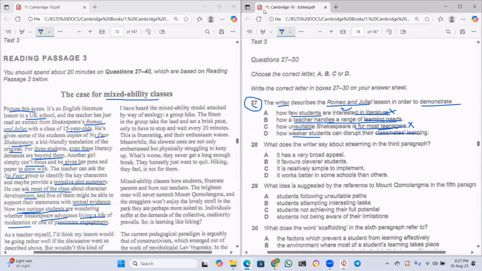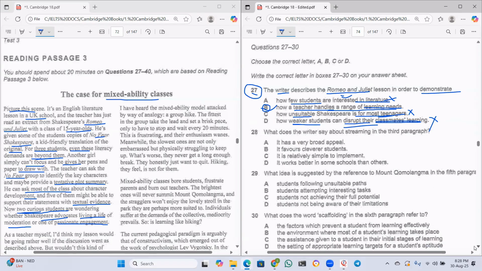Now, how weaker students can disturb their classmates' learning. So he spoke about weaker students, but he did not speak whether they are disrupting others' learning or not. No, D is also not the answer. So yes, B is finally our answer, because this option is pretty much what is told in the first paragraph, right?